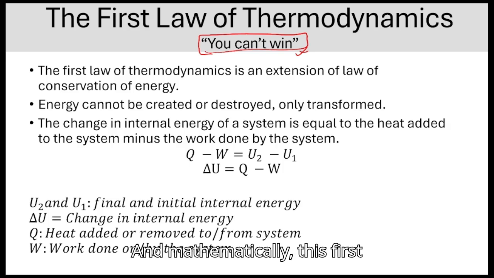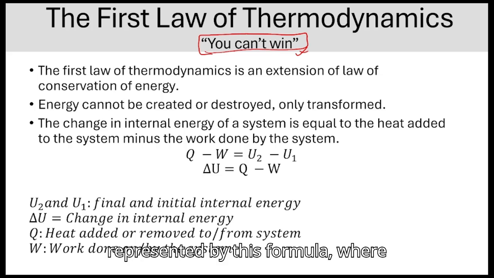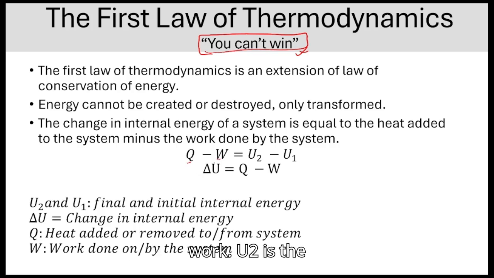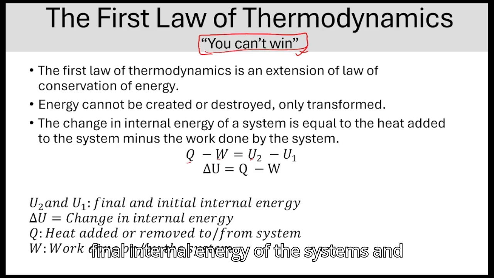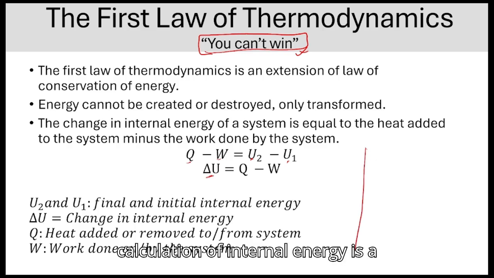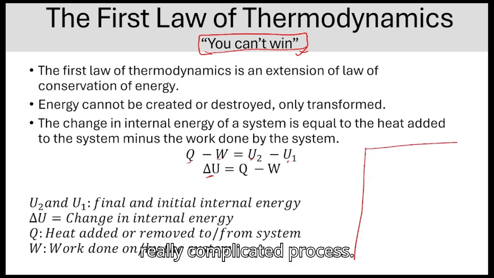And mathematically, this first law of thermodynamics is represented by this formula, where Q is the heat energy, W is the work, U2 is the final internal energy of the system, and U1 is the initial internal energy. And then the calculation of internal energy is a really complicated process.